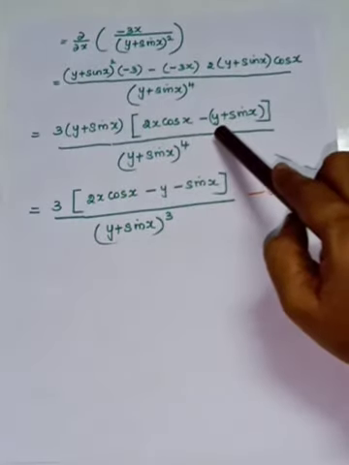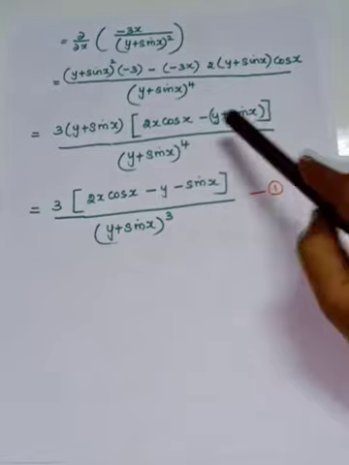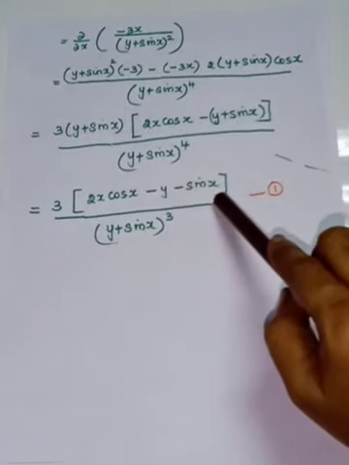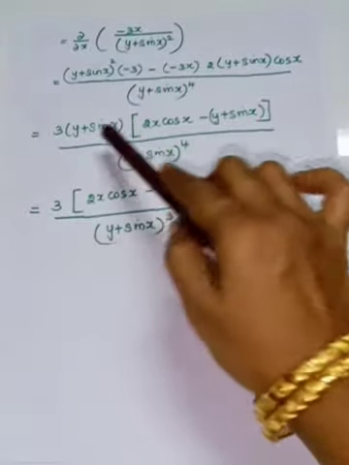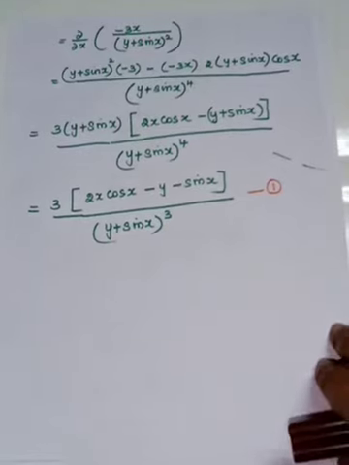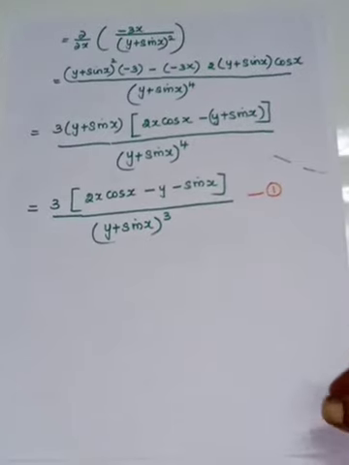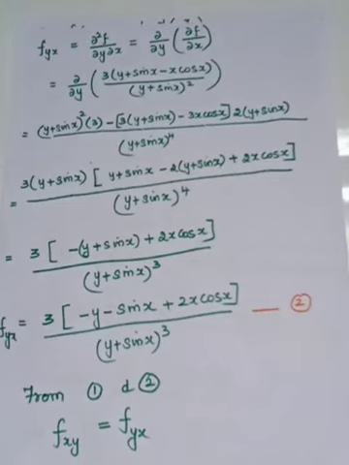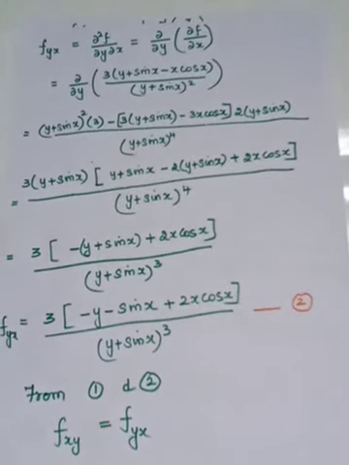So you will have minus of y plus sin x. When this minus is applied to both the terms, it is minus y minus sin x. Okay. And this y plus sin x, here one y plus sin x gets cancelled. So in the denominator you are having y plus sin x the whole cube. Okay. So what have we completed? We have completed fxy.